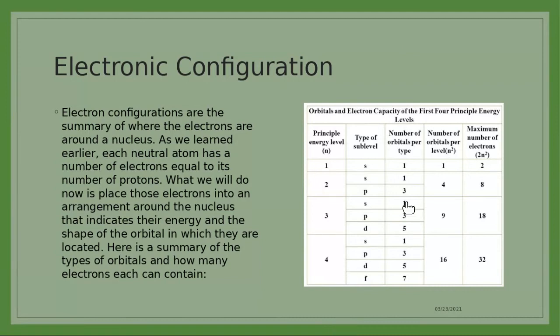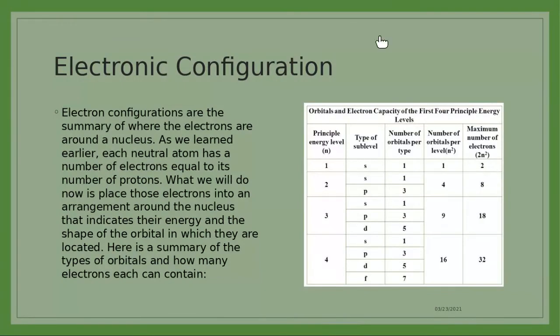This is the s. The number of orbitals per type is 1, and the number of orbitals per level is also 1, and the maximum number of electrons here is 2. Always, one orbital has a maximum of 2 electrons.